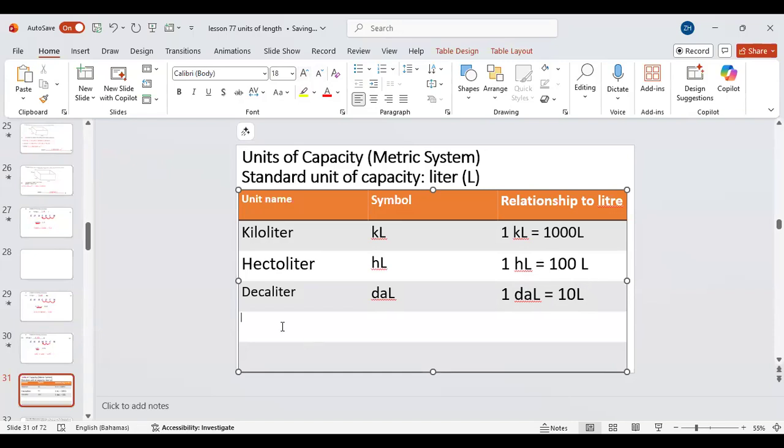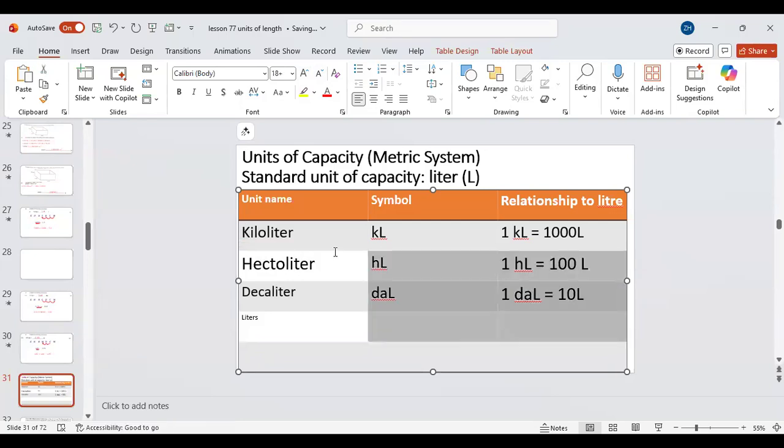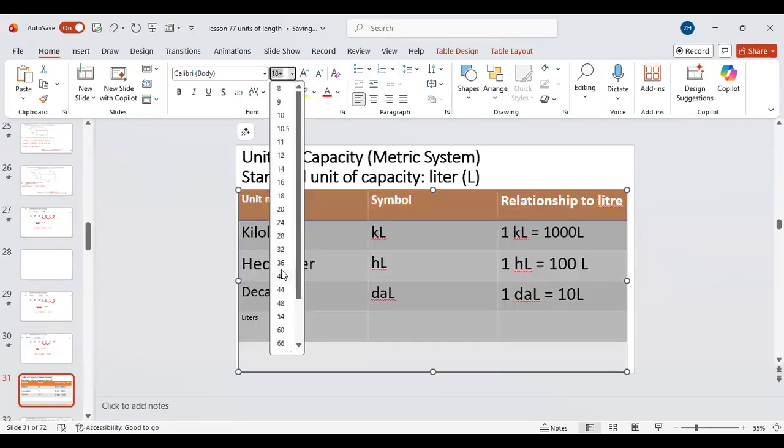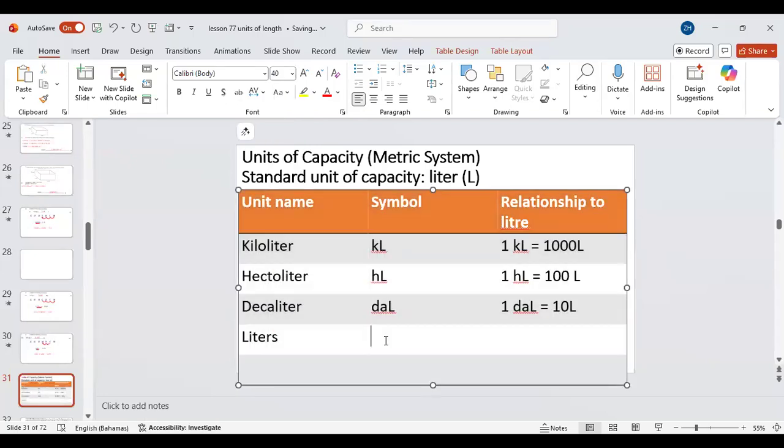And we have liters. The symbol is L. Oh, I'm sorry, we are in liters, so that's our base unit, which is 10 to the power of 0, which is 1.